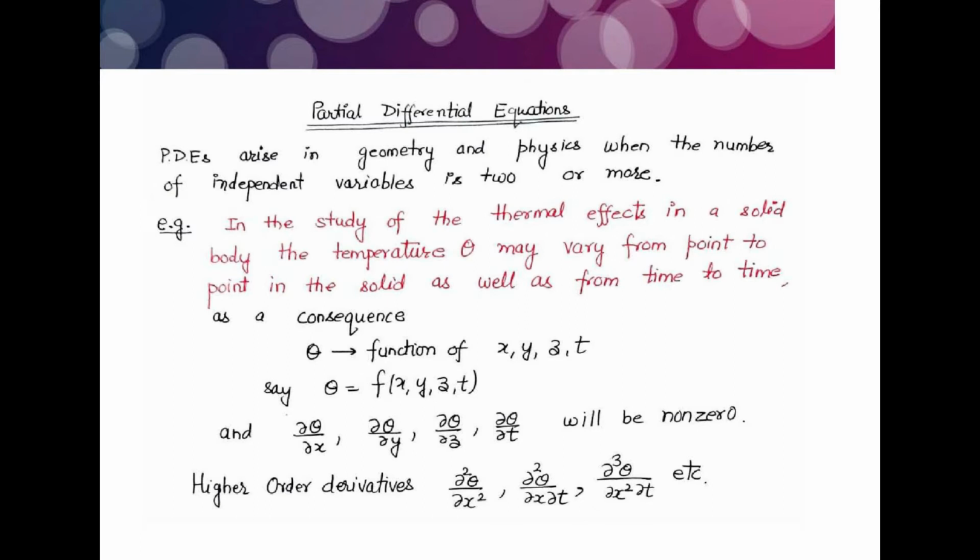Then we can talk about mixed derivatives, like the second one, del square theta divided by del x del t. The last term is a third order derivative of theta, where we are differentiating with respect to x twice and with respect to t only once.